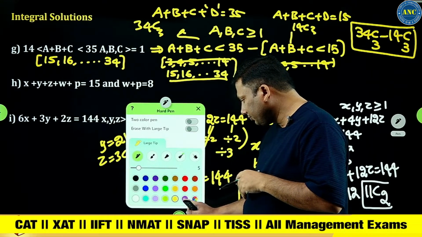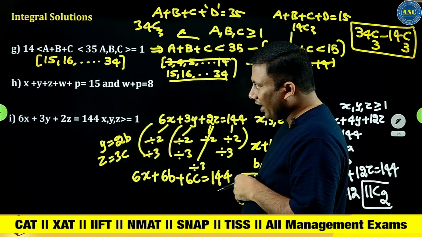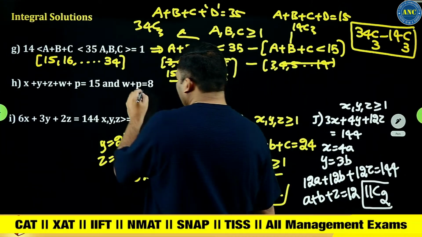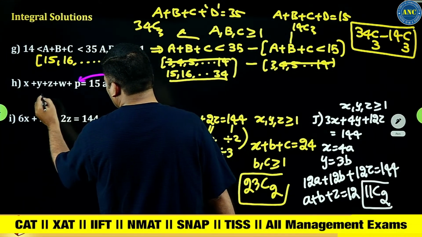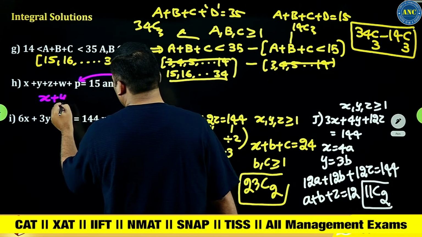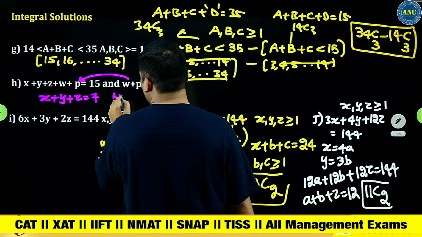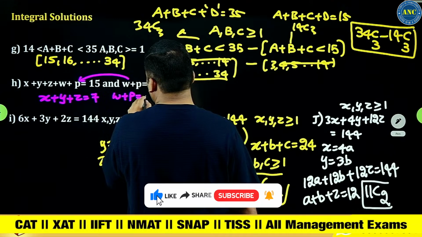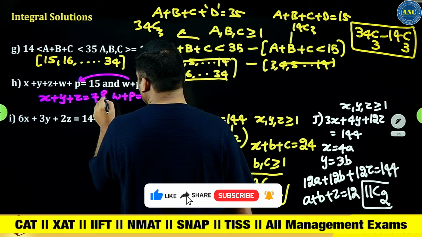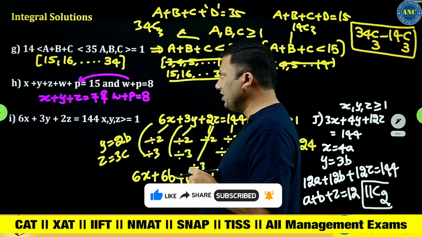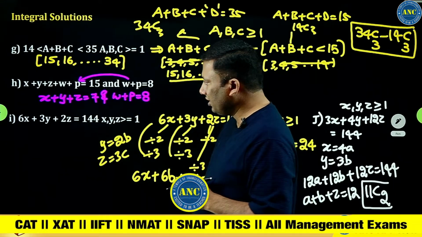This question. x plus y plus z plus w plus p is 8. Substitute. x plus y plus z is equivalent to 7. w plus p is equivalent to 8. And condition. Wherever w plus p is there, I substituted 8.